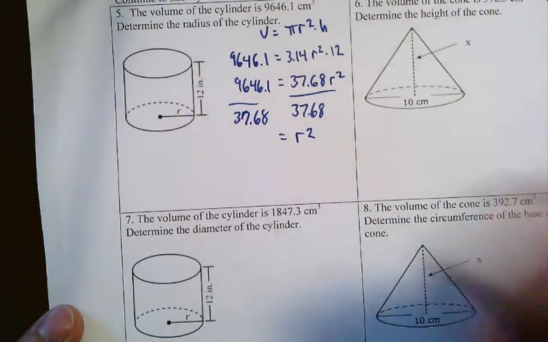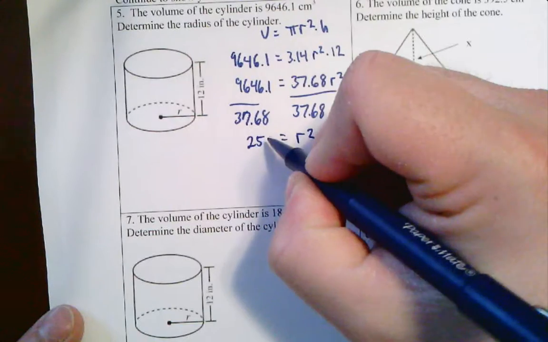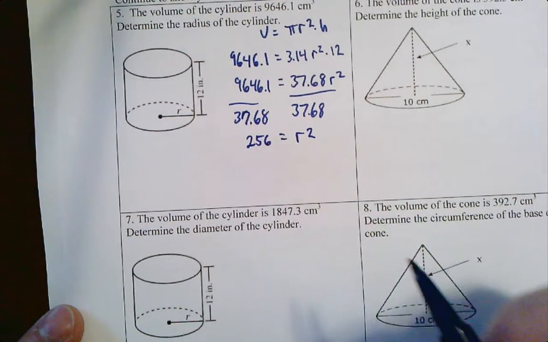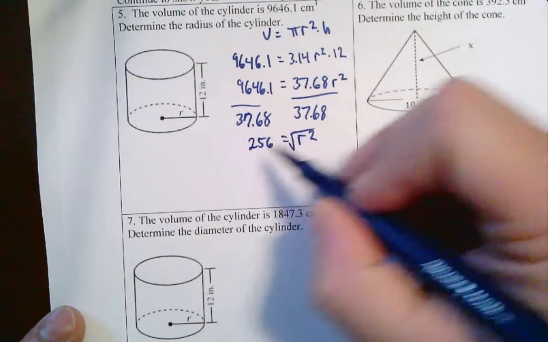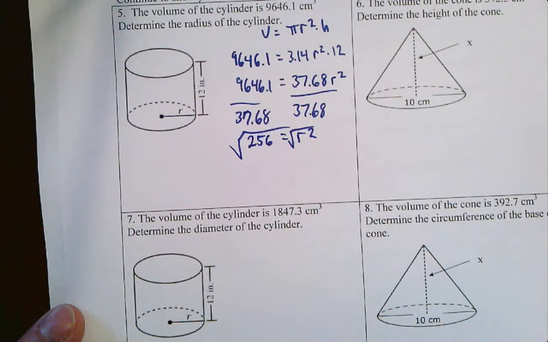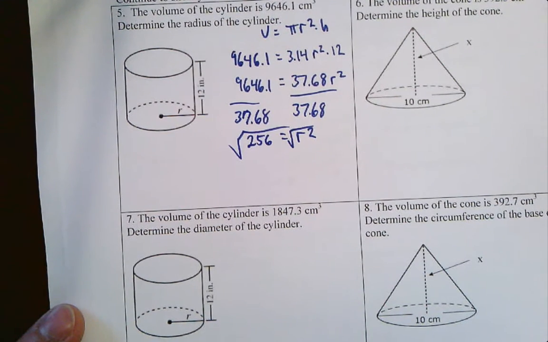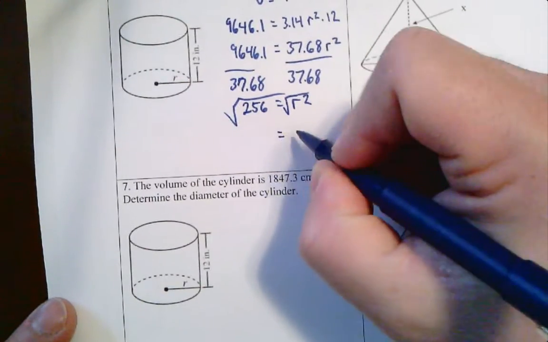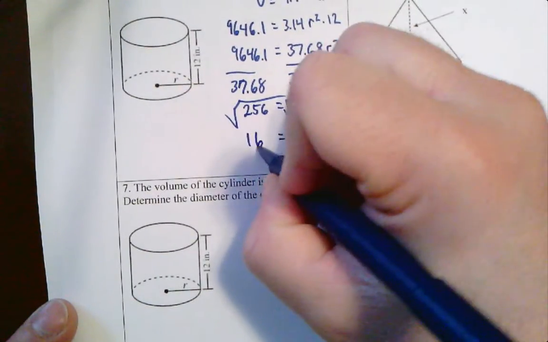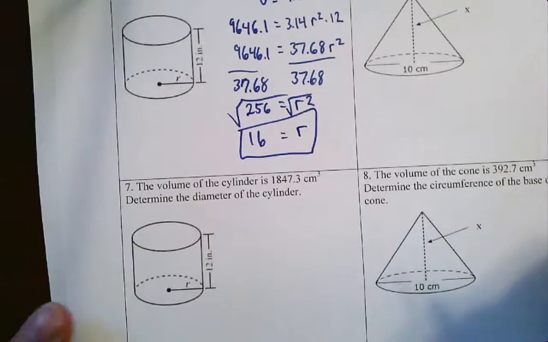So I'm just going to write 256, but I'm not done yet because now I have to take the square root. I don't know if that's a perfect square. So 256 square root. Oh yeah, it looked kind of nice. So radius is equal to a plain old 16 for that one.